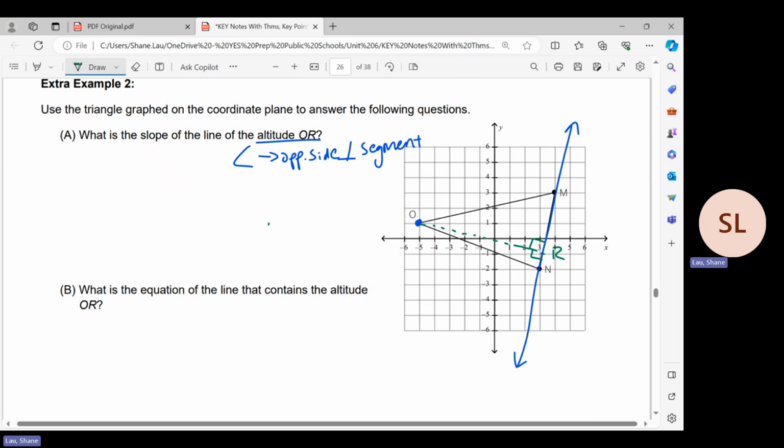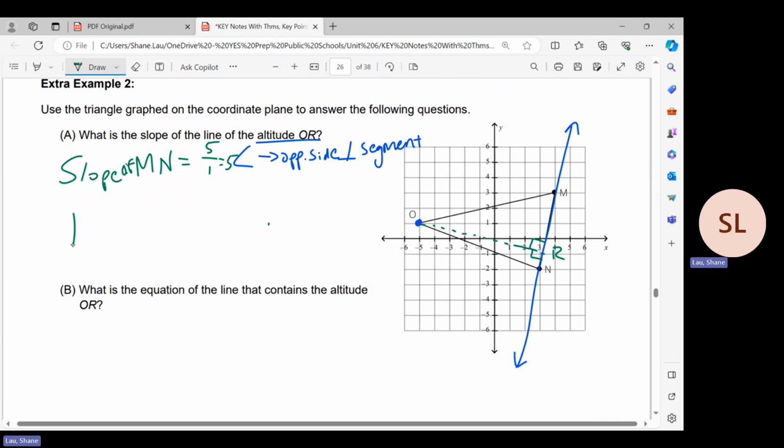So really, the first thing we have to do is find the slope of MN. Our rise from N to M is positive, so we'll keep it positive. We're going 1, 2, 3, 4, 5 units up, and only 1 unit to the side, which means our slope of MN is going to be 5.